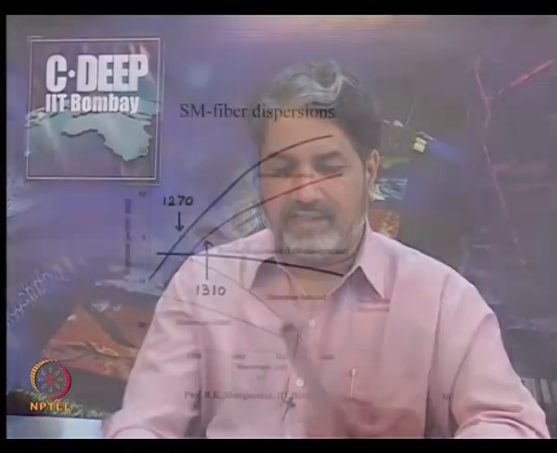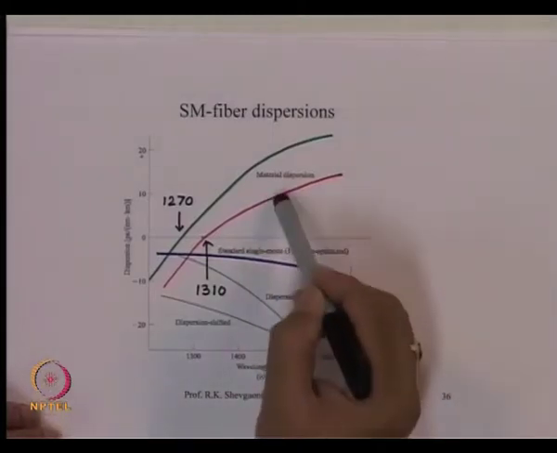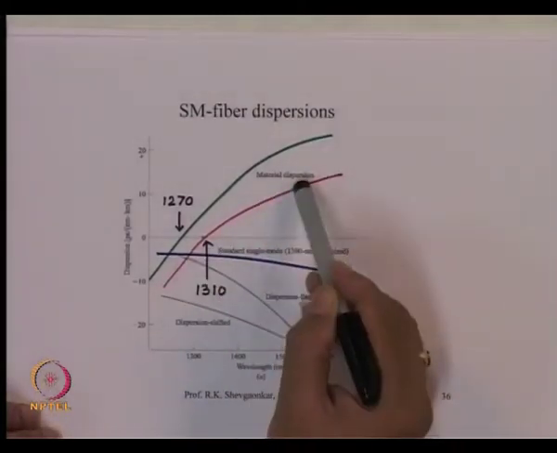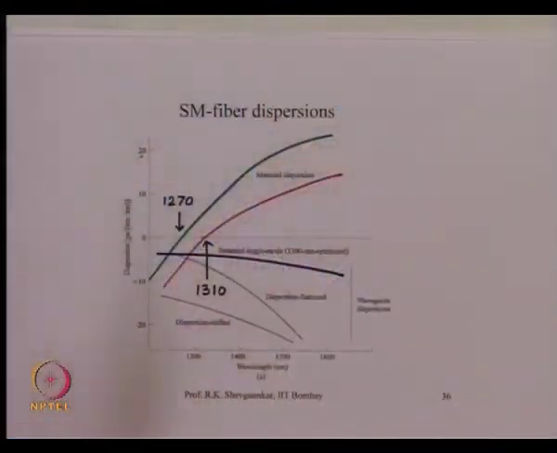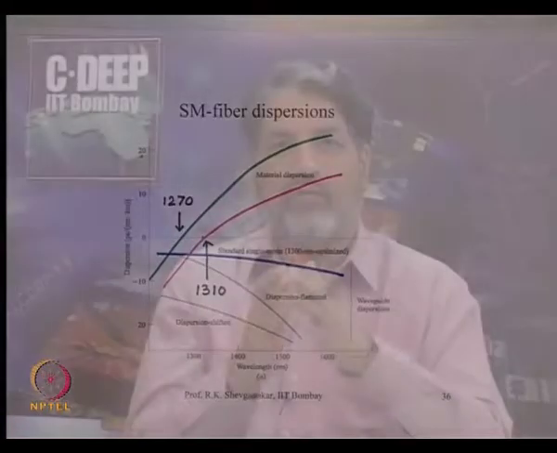If I go to a wavelength of 1500 nanometer or 1550 nanometer, again the dispersion is large. So pulse broadening is large, and as a result the data rate is reduced. So from the data rate point of view, 1310 nanometer is the best wavelength in a single mode fiber, because that is the wavelength at which the dispersion is almost 0.